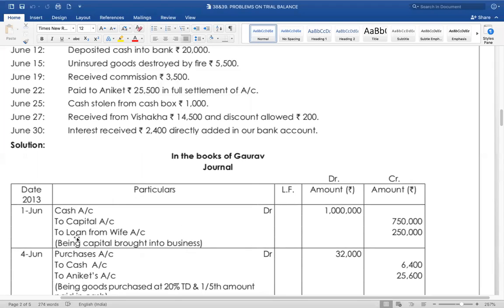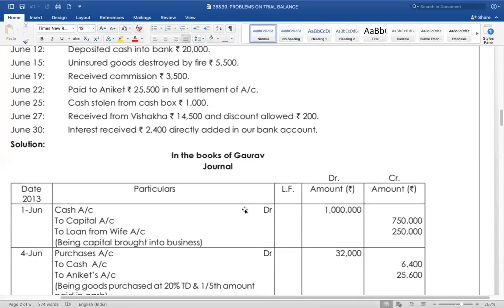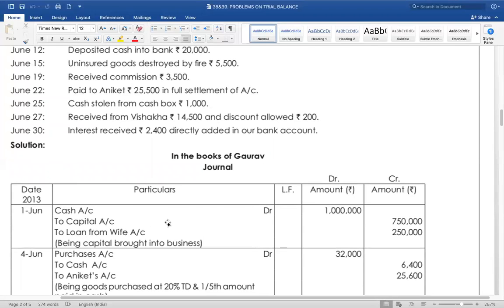Whatever his wife is giving is a loan, 2 lakhs 50,000. So 25% is contributed by his wife. So cash account debit to capital account, to loan from wife account 250. Being capital brought into the business. That's the end of the first transaction.